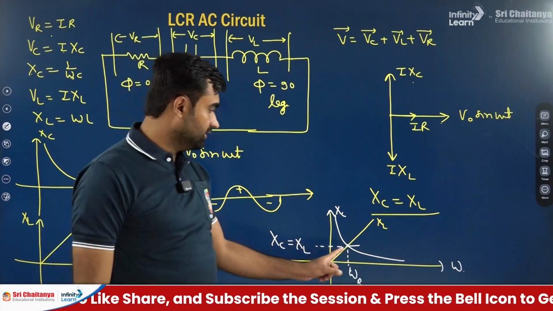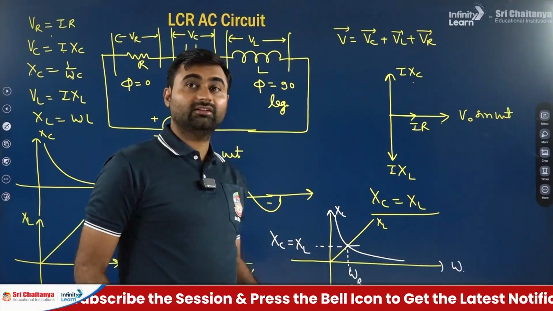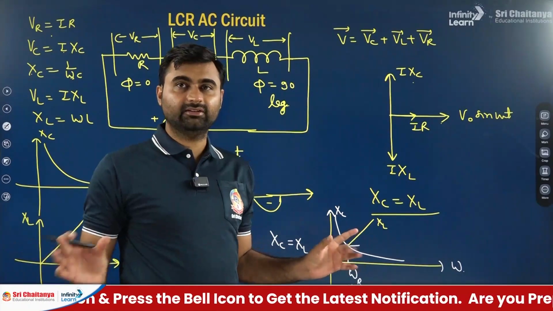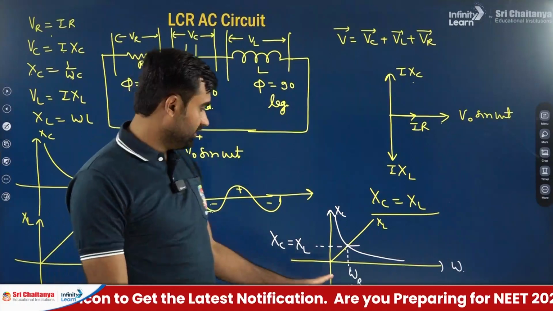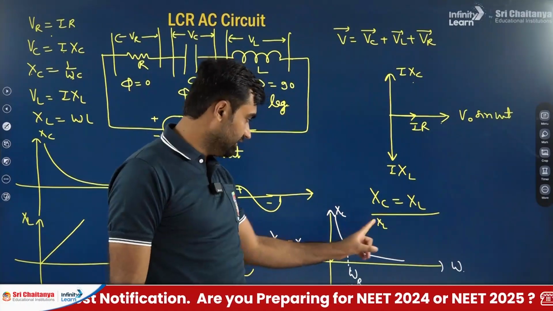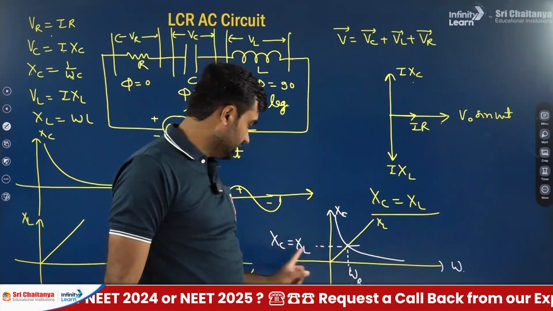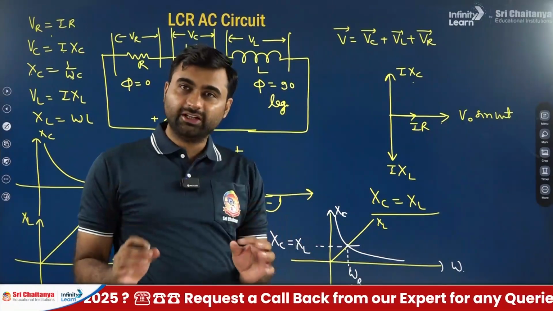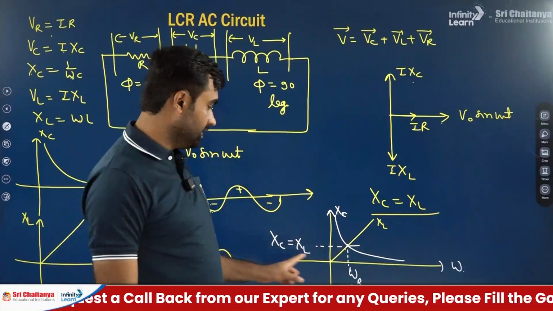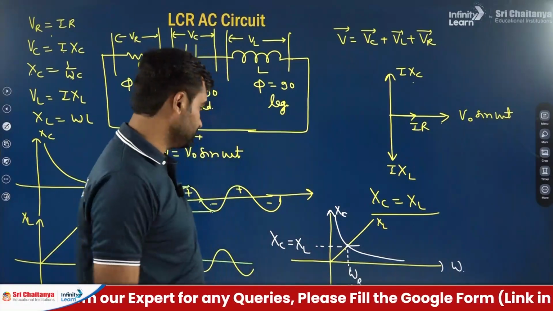So this particular frequency is known as resonating frequency. Is it clear? This is very, very important. When XC and XL both are equal, that frequency is known as resonating frequency. Clear? XC equal to XL.